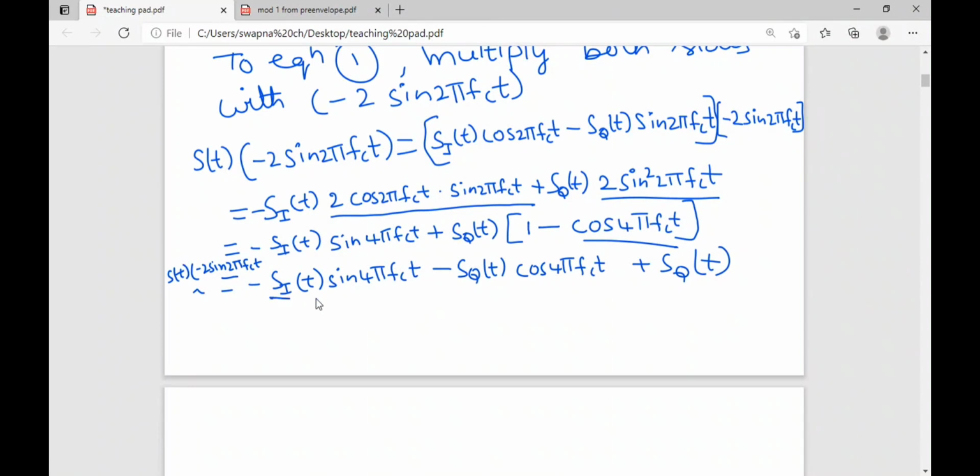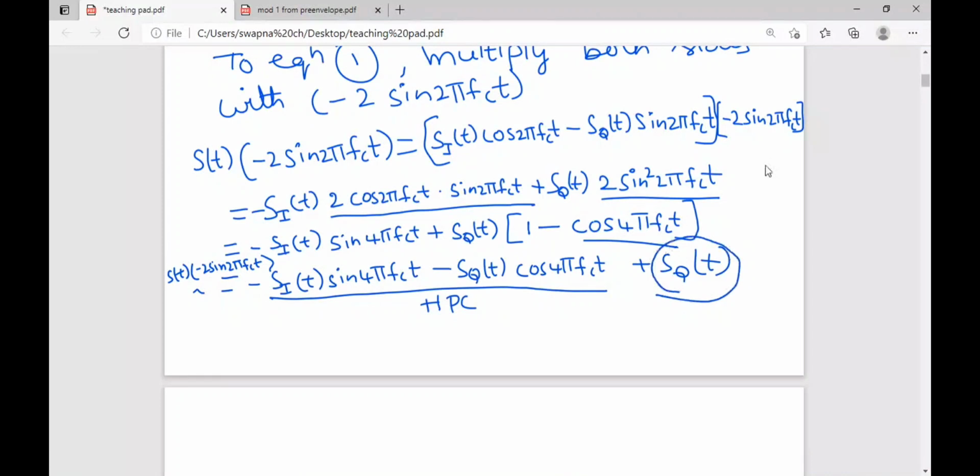So if you again observe, this is the high pass component. So when you pass this s of t into minus 2 sin 2 pi fct through the low pass filter, this term will get eliminated and I'll be left with only this term.